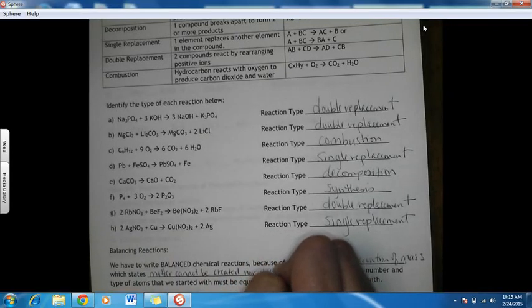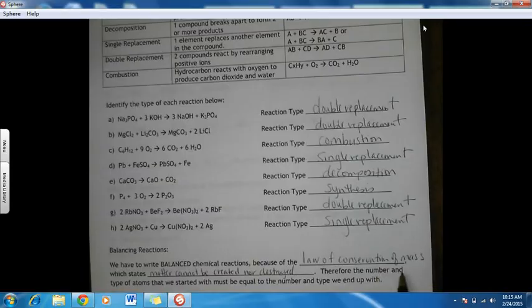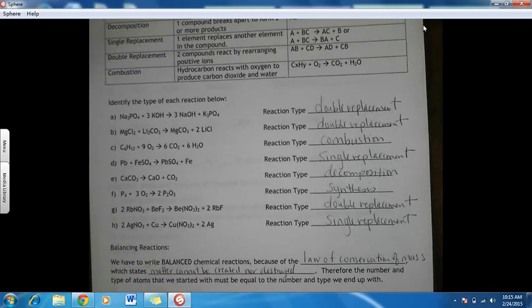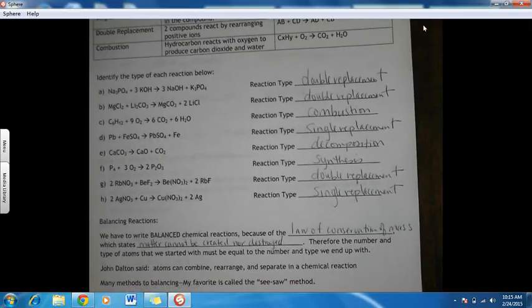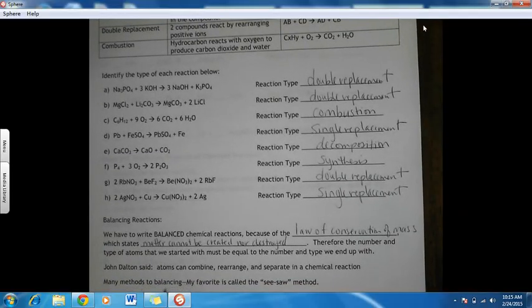And so what that means is the number and the type of atoms that we start with has to be equal to the number and type of atoms that we end up with in our chemical reaction. And as we recall, John Dalton told us that chemical reactions occur when atoms combine, rearrange, and separate.